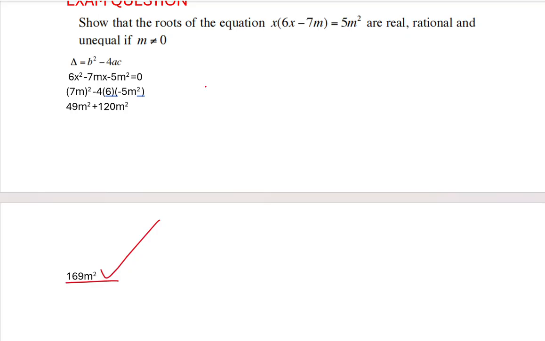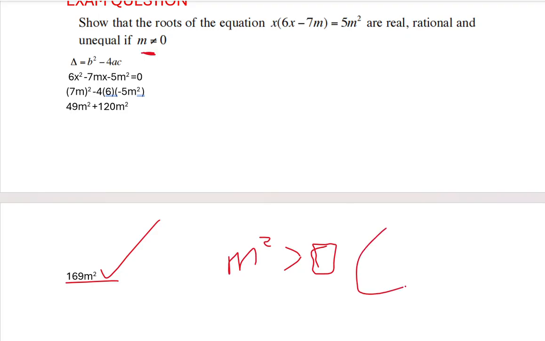So let's check if our roots are real. But this one we have to be very careful, since we know that any number squared, like m squared, will be greater than or equal to 0, but they said m cannot be 0, meaning m squared is always greater than 0.